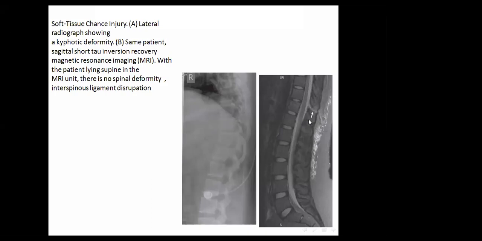On the other slide, the same patient, sagittal short tau inversion recovery MRI with the patient lying supine in the MRI unit shows no spinal deformity, but there is interspinous ligament disruption and soft tissue disruption.